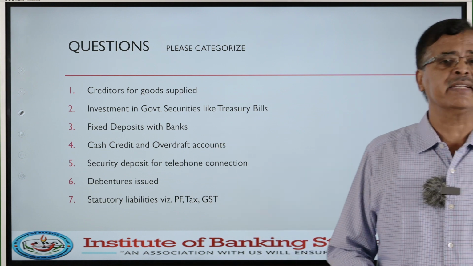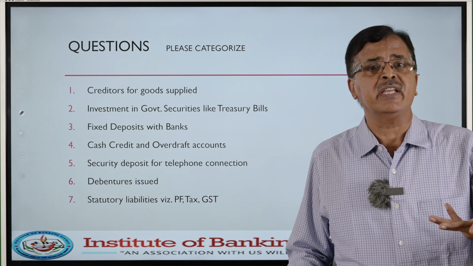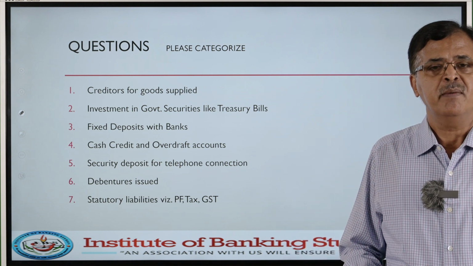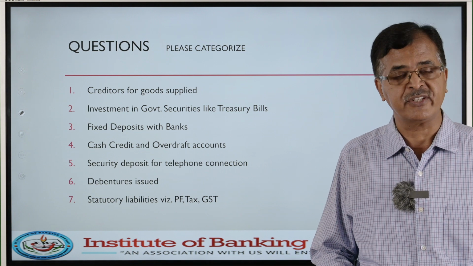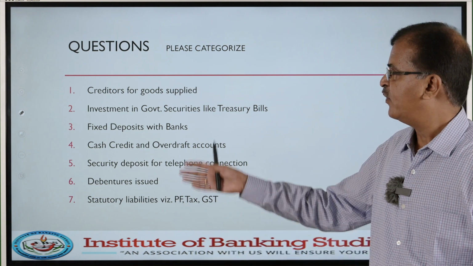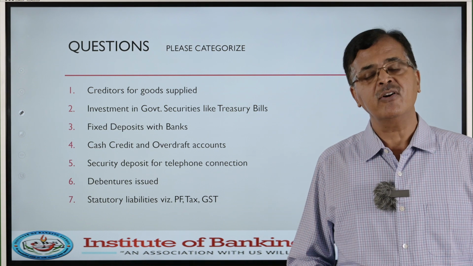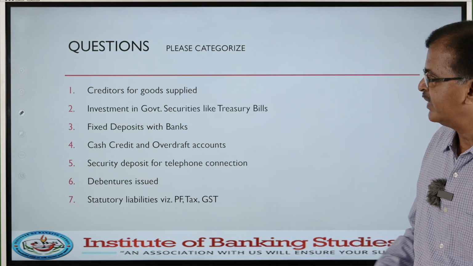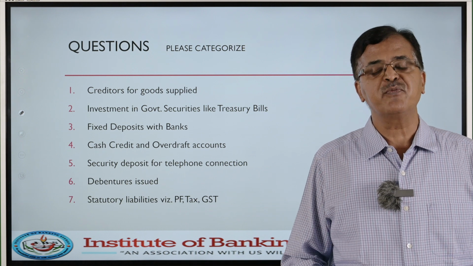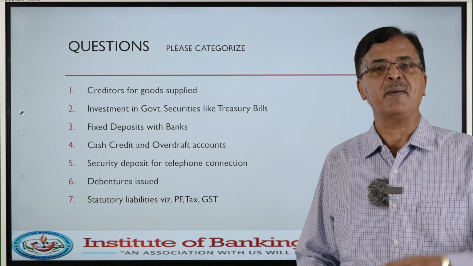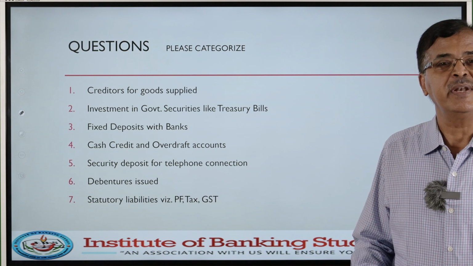Fixed deposit with banks. Even though the fixed deposit is for a longer period of time, at any point of time we can withdraw the money by giving a premature closure letter. So in that sense, fixed deposit with the banks can also be considered under current assets. Cash credit and overdraft. This is a credit facility, which is being sanctioned by the bank for a maximum period of 12 months.